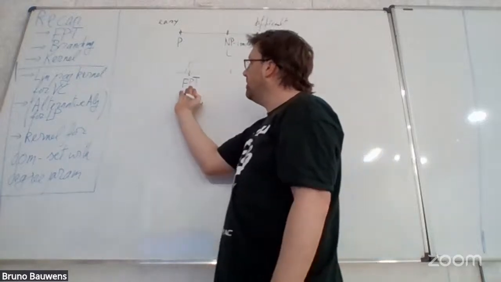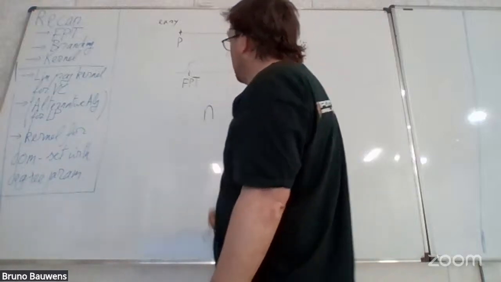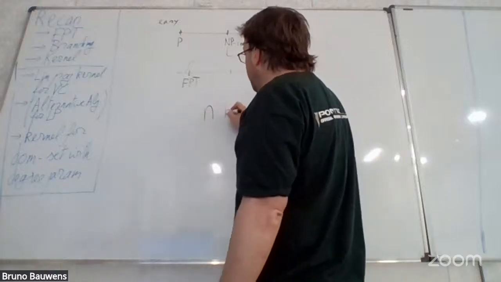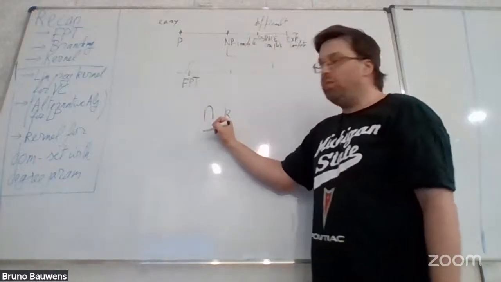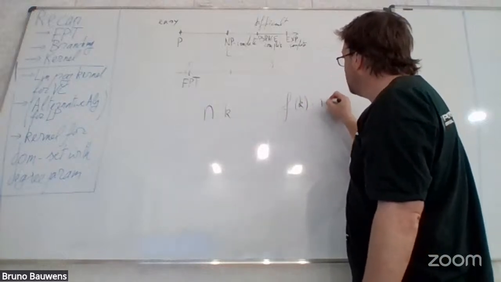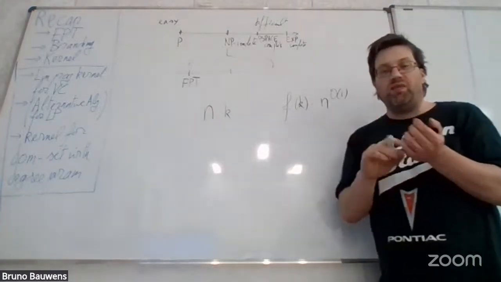So the requirement here is that given an input of length n and a parameter k, we want an algorithm running in time f(k) times n to the power of 1. So polynomial in n if we fix k.